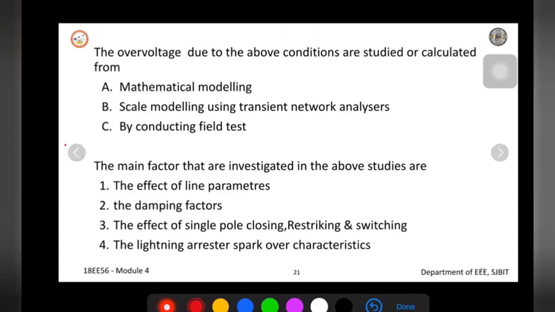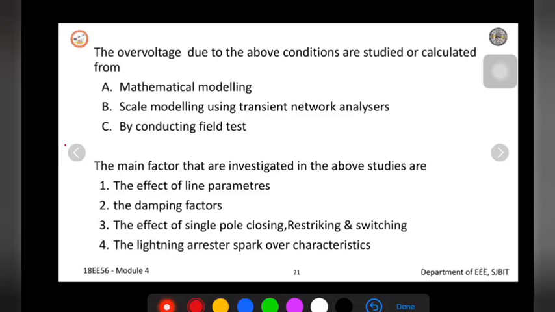And the second one is scale modeling using a transient network analyzer, and by conducting field tests to determine the expected maximum amplitude of over voltage and their duration at different points on the line. So we may go with two tests, which are mathematical and scale modeling. Another, we can go directly to the line physically and check what is the reason of over voltage, what could be the maximum over voltage that will occur.